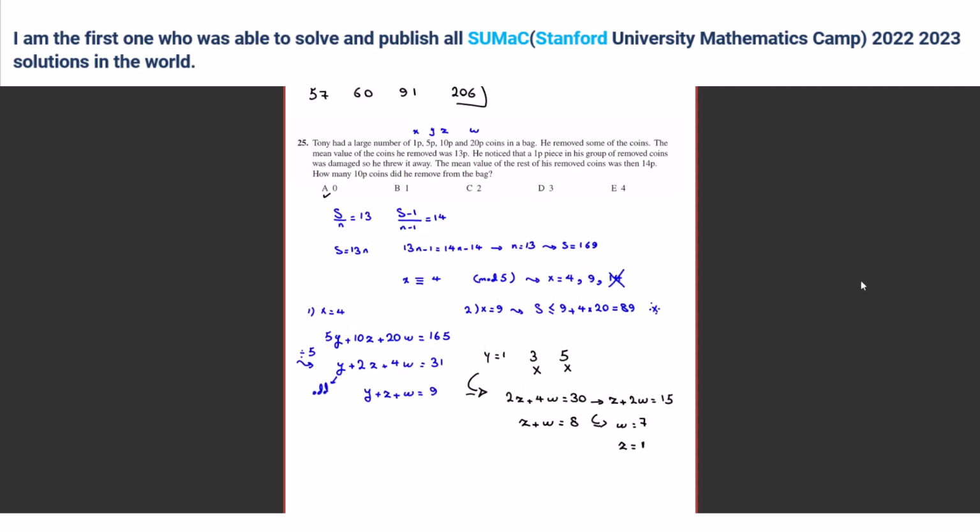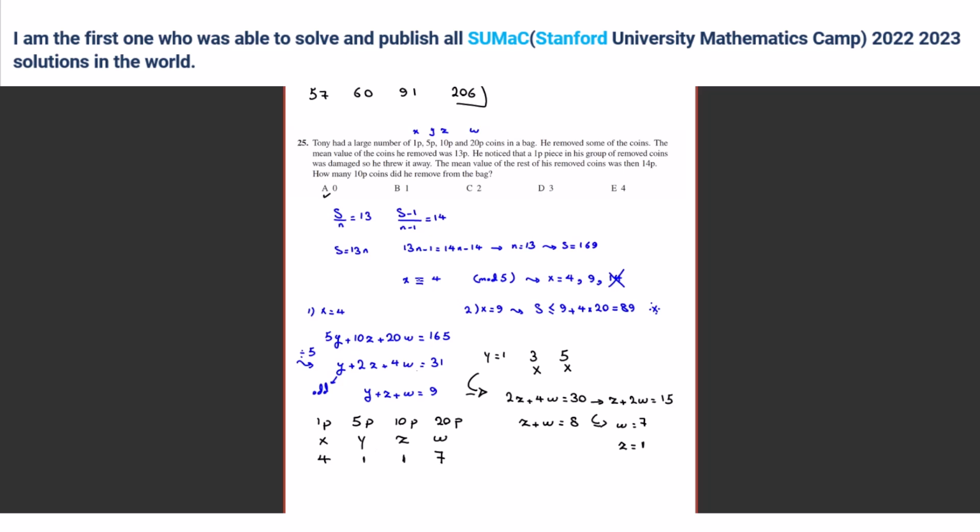So let's check. Let's write all cases. X, Y, Z, W. We reach W is 7, Z is 1, X is 4, Y is what? Y is 1, right? 10p, 20p. So 7 plus 4, 11, 13 coins, right?